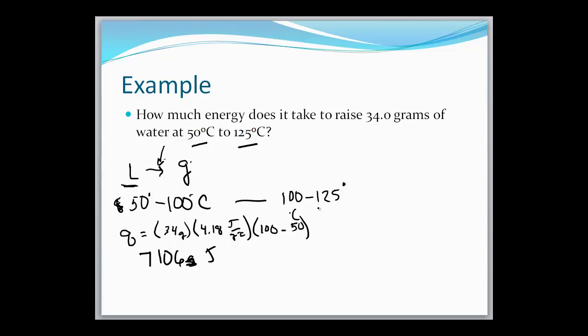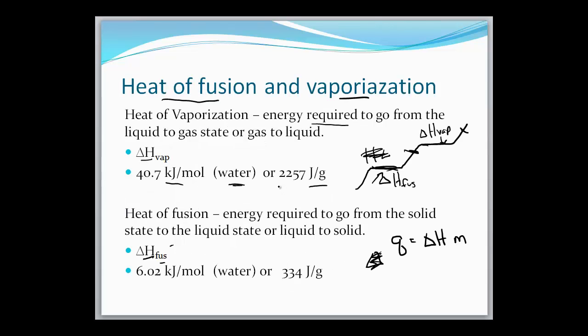Let's do the calculation for the phase change. So remember, we have Q is equal to delta H of vaporization times the mass. So delta H for vaporization for water, if you remember, is 2,257 joules per gram.